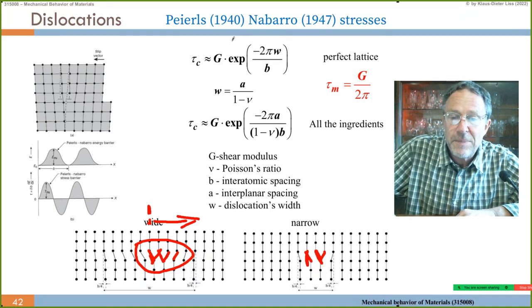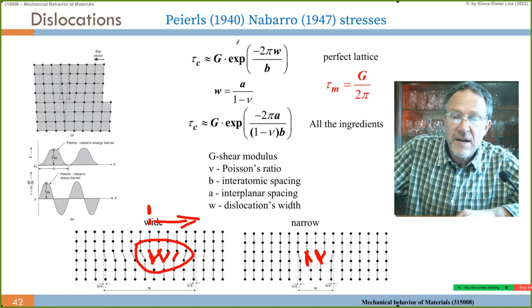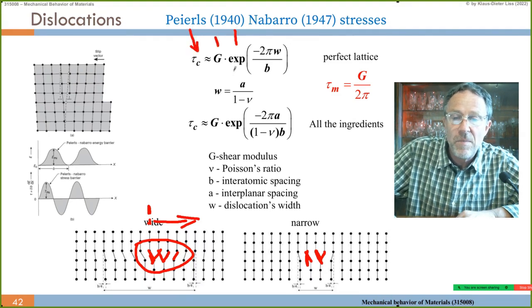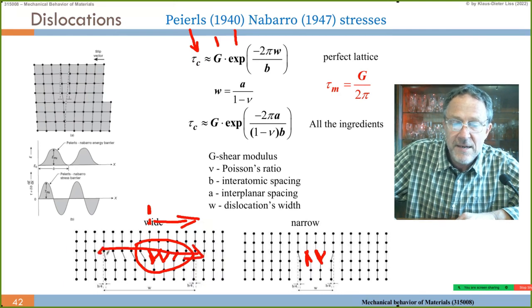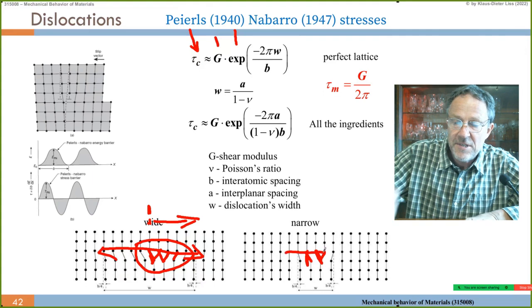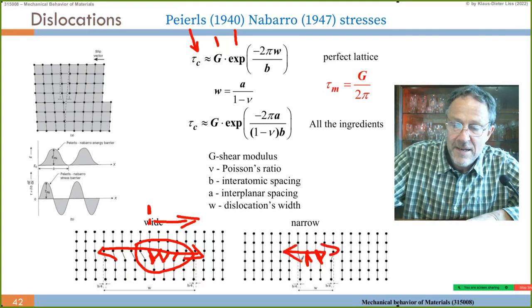And this is expressed in this exponential function here. So the critical shear stress is the shear modulus times an exponential function of W over b. W is the width of the dislocation, which is wide here, and which is narrow to the right.